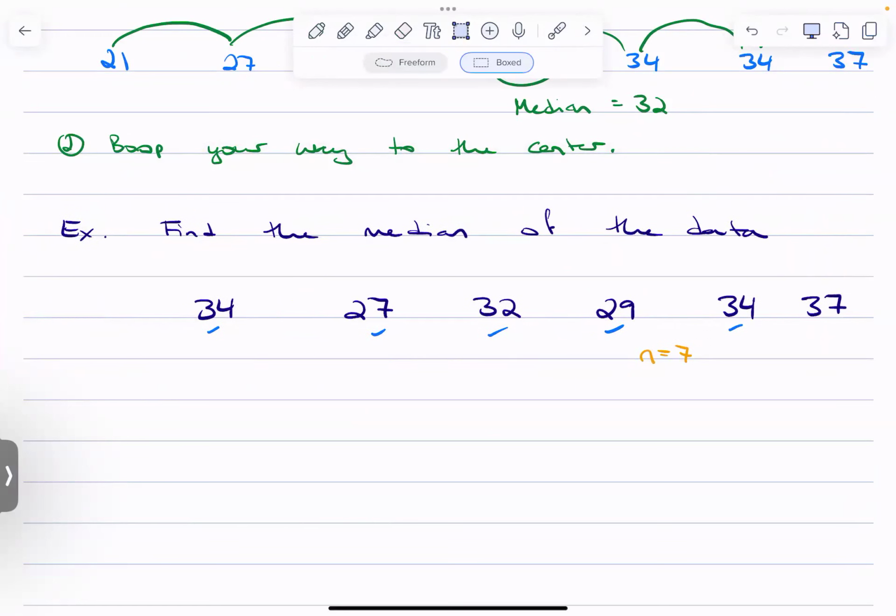So instead of starting at 21, let's add a data point here and have 5, then 21. I'll get rid of these. Those are from earlier. And now my n is 8.